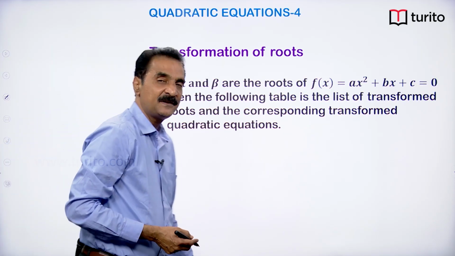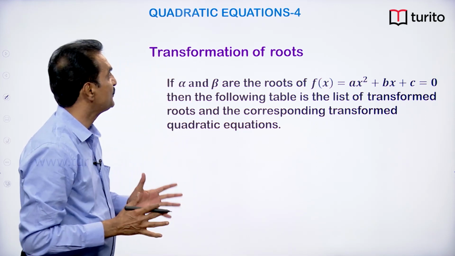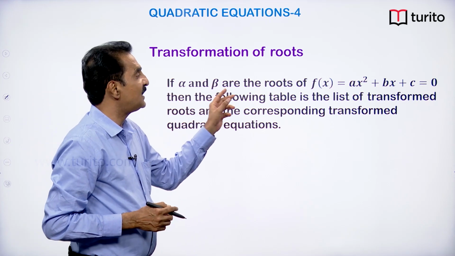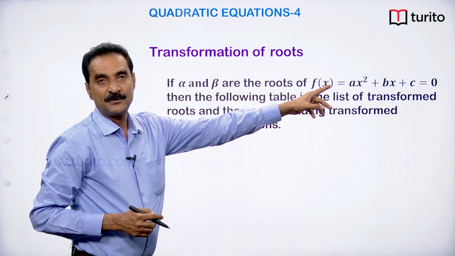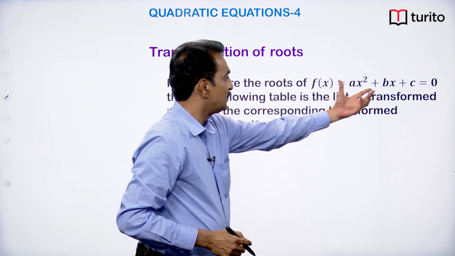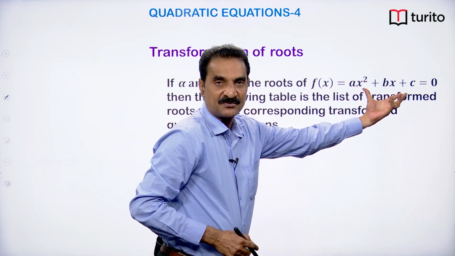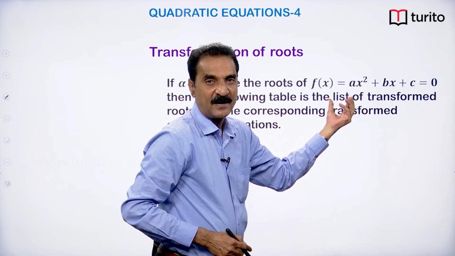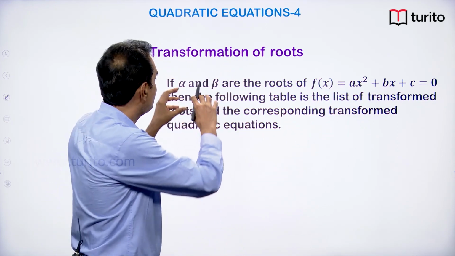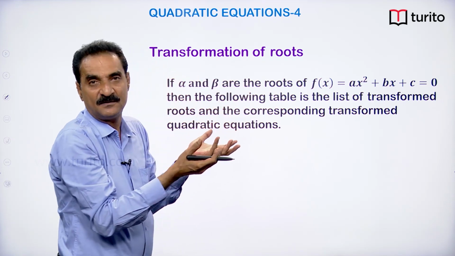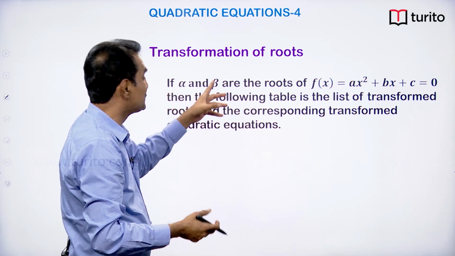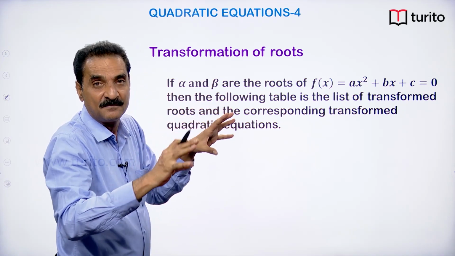After finishing a few questions, now we are going to discuss some theory. Suppose alpha and beta are the roots of f of x is equal to ax square plus bx plus c is equal to 0. The quadratic expression ax square plus bx plus c is denoted by f of x. Then, suppose the roots are transformed into another form, but both the roots must be changed in the same manner.